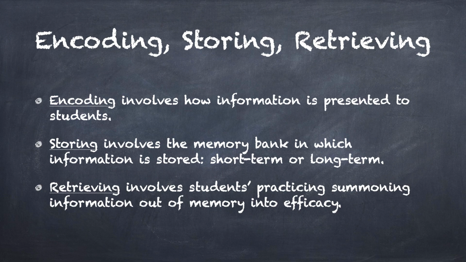So when you're sitting there and you're having information presented to you in class by the teacher, whether it's on an overhead or through a discussion or a handout or whatever, that's encoding. That's information going into you. How does it make its first entry into your mind? That's encoding.